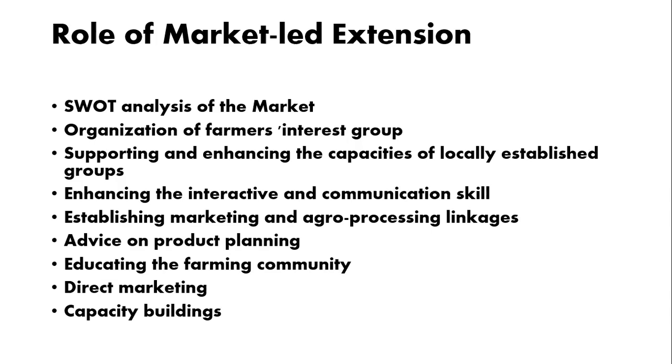In the adoption curve, you may have sometimes learned about the interest group. They have to identify the farmers' organizations that are interested, and then support and enhance the capabilities of the locally established group to match the demand of the market.